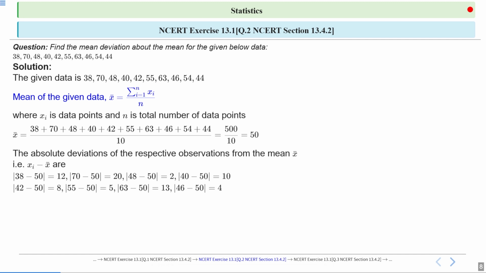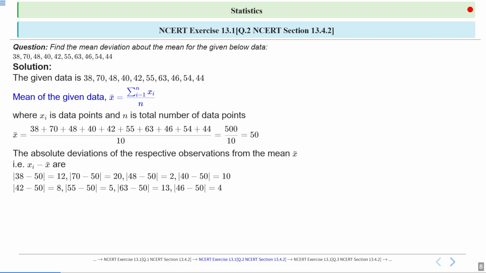Similarly, you can find the absolute deviations of the remaining observations from the mean x bar, and the values are below. So here for the data 42, absolute deviation is mod of 42 minus 50, which is 8.